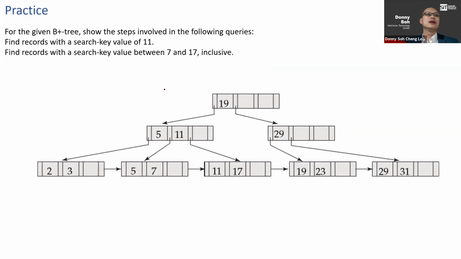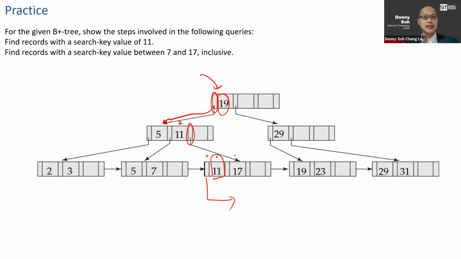Okay, let's look at the second one. This one is slightly easier. Find records with the search key value of 11. Firstly, you come to the root. 11 is less than this value, so you go to this pointer, comes over here. 11 is greater than or equal to this, so it goes to this value, comes over here. There is a match for 11 here, and it will return the pointer.